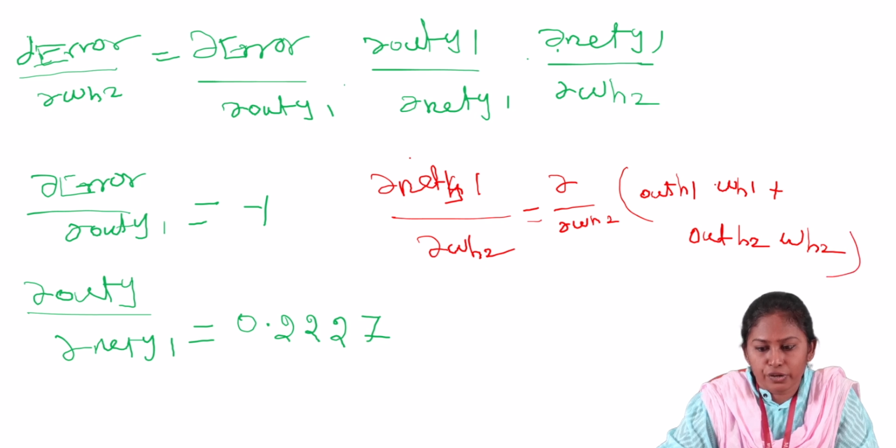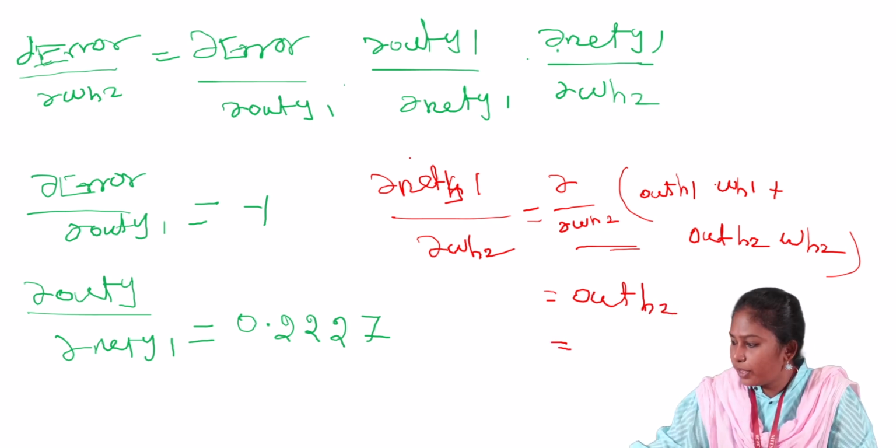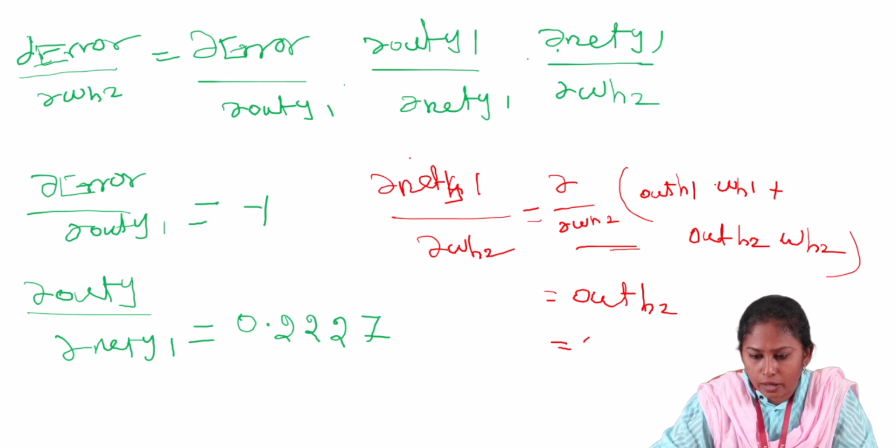Now, as we are differentiating with respect to WH2, obviously the output will be out H2. So the out H2 value which we have already calculated is nothing but 0.5781. So now substitute this here.